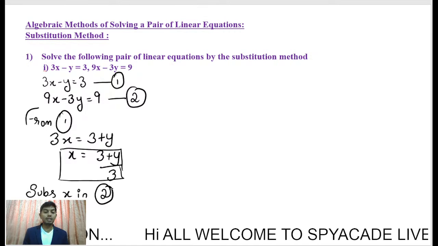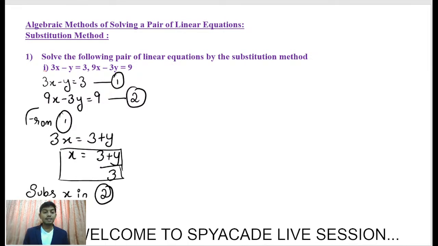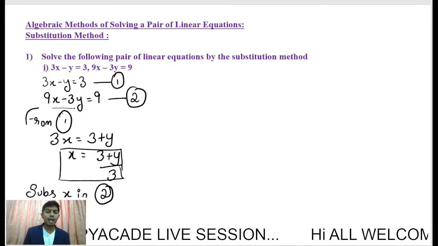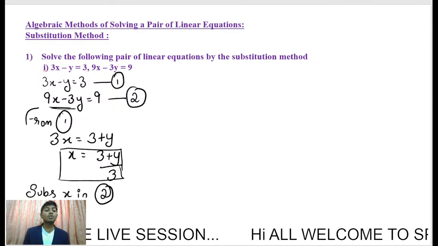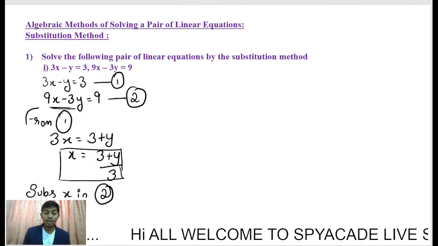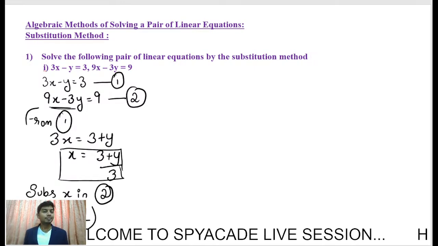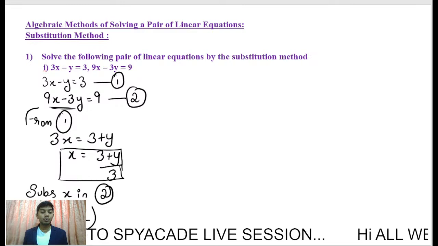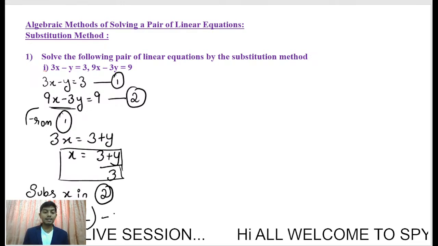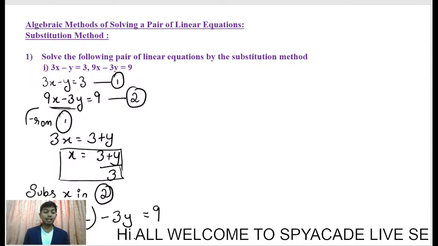Now we are going to substitute it in the second equation. In the place of x, see here we have 9x. So in the place of x, we are going to substitute (3 plus y) divided by 3. Right, 9 into (3 plus y) divided by 3 minus 3y is equal to 9.